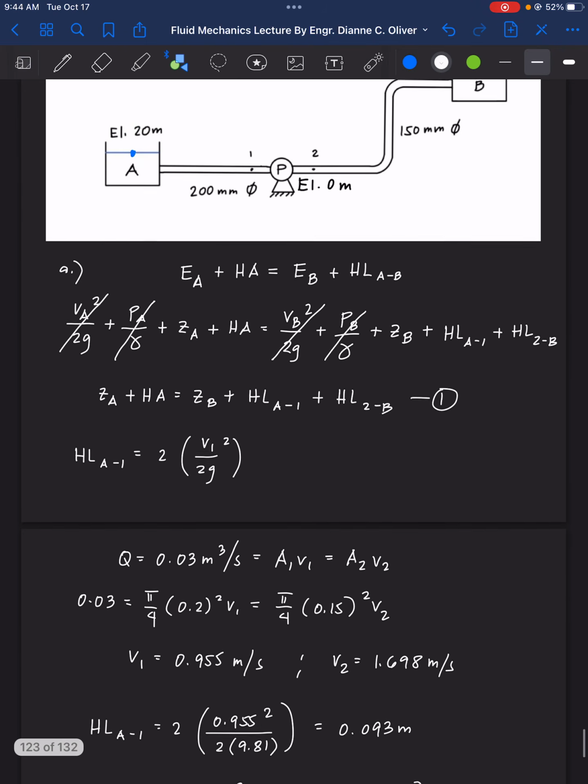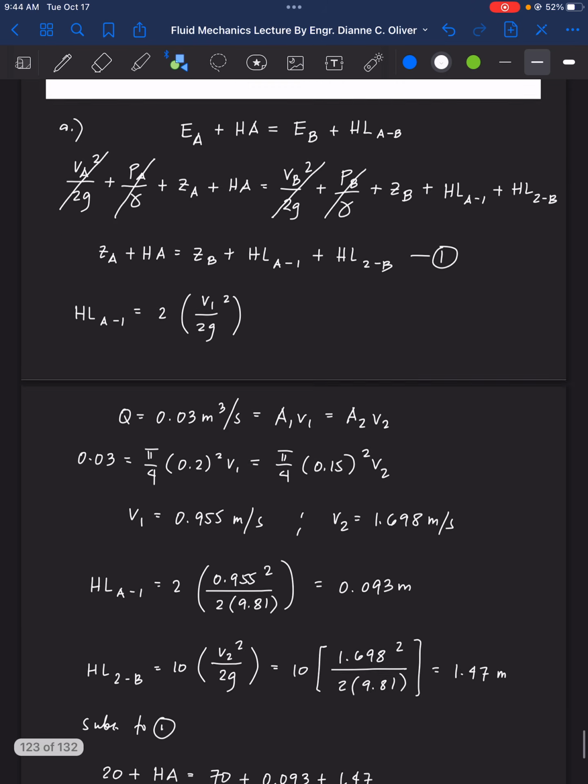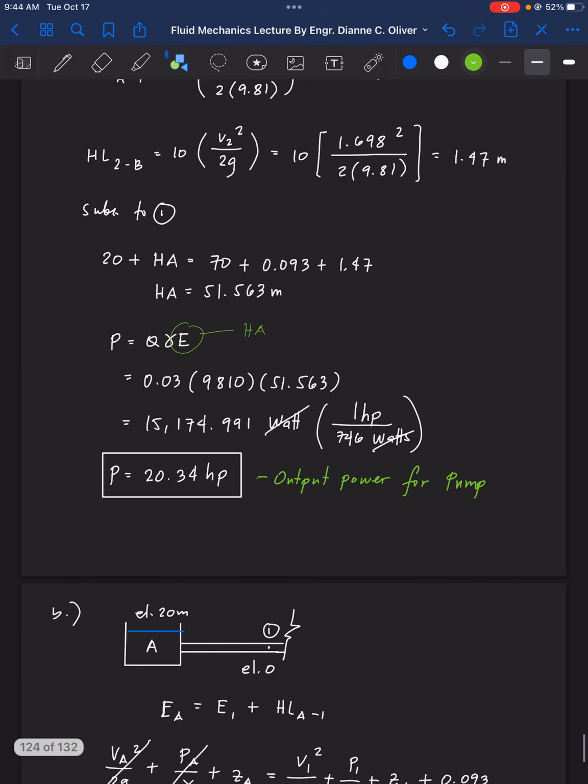Now what's letter C? It's asking, if the pump is 75% efficient, determine the head added by the water drawn from A. So determine the head added drawn from A. Knowing that we have already the power output here, we're going to compute for the power input.